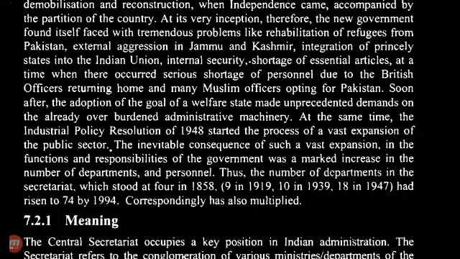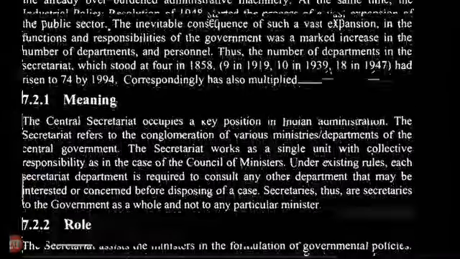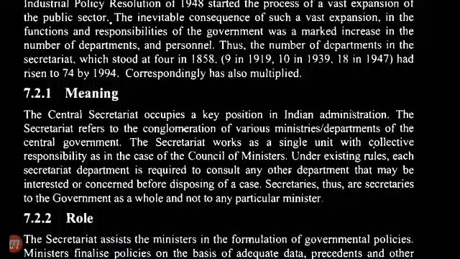The inevitable consequence of such a vast expansion in the functions and responsibilities of the government was a marked increase in the number of departments and personnel. Thus, the number of departments in the Secretariat, which stood at 4 in 1858, 9 in 1919, 10 in 1939, and 18 in 1947, had risen to 74 by 1994; the personnel correspondingly has also multiplied.